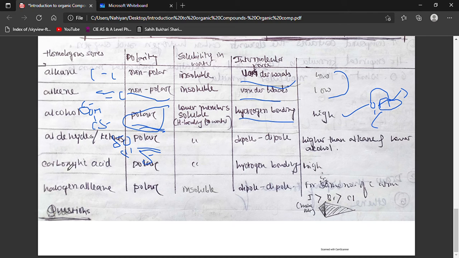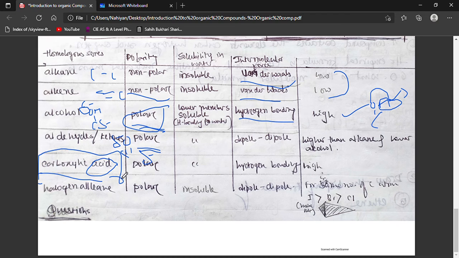And moving on, we have carboxylic acid. As the name suggests, it acts like an acid. It's an organic acid. Compared to inorganic acids like H2SO4, nitric acid and phosphoric acid, the reactions are similar. It acts very much like an acid, but the difference is that it's a weak acid.